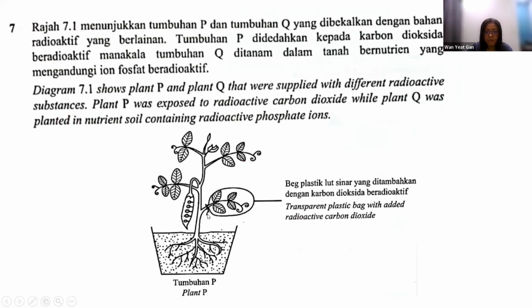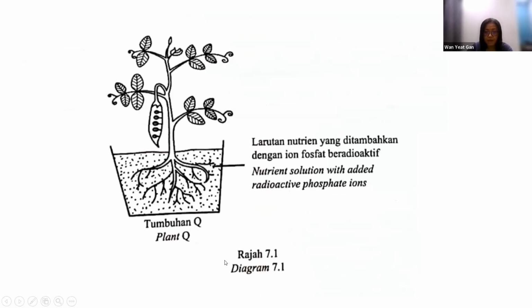Plant P is exposed to radioactive carbon dioxide, where the leaf is wrapped with radioactive carbon dioxide, whereas plant Q is planted in soil that is added with radioactive phosphate ion.